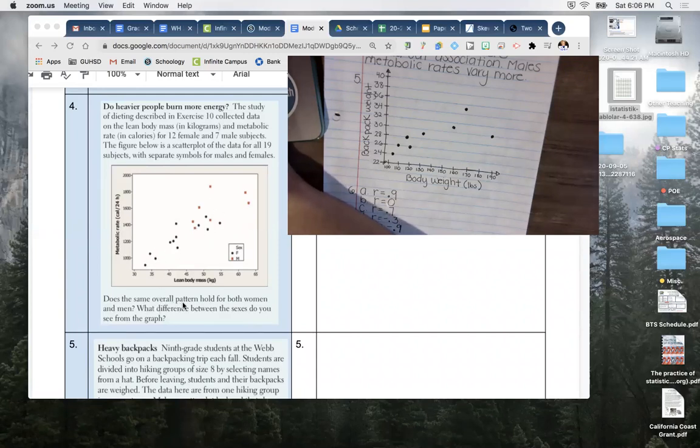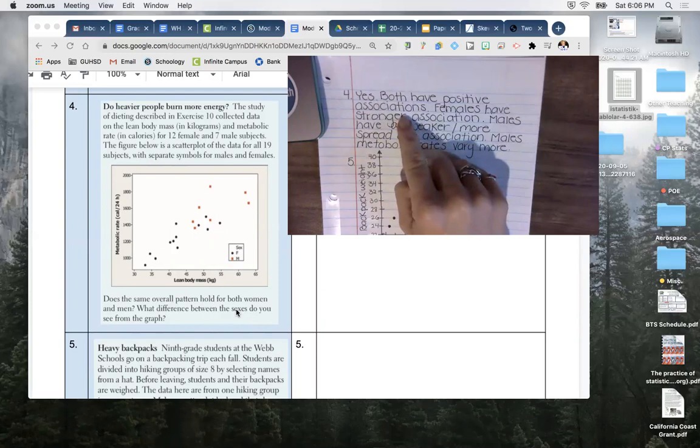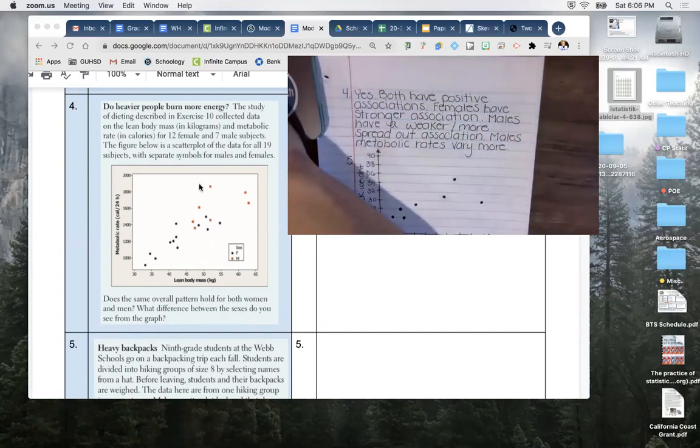Does the same overall pattern hold for both women and men? Yes, they both have a positive association, but then they ask you to talk about the differences between them. It's clearly in the spread of them. It seems like females follow a more typical pattern, a straight line, a stronger association, and then males have a weaker, more spread out association.